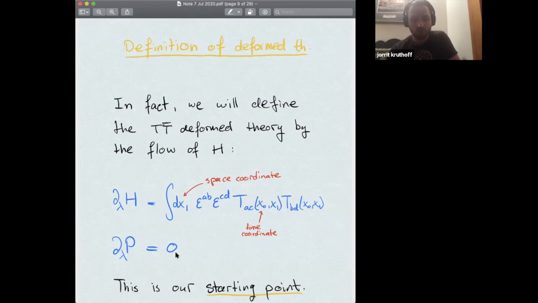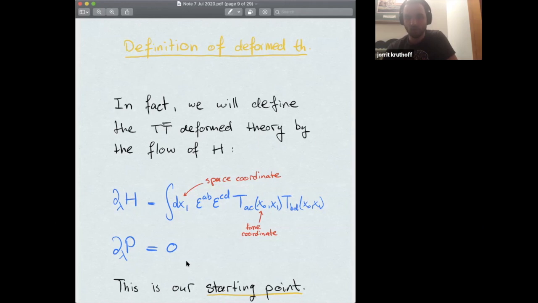Maybe one thing that I forgot to mention before is that you can show that the eigenvalues of the momentum operator are not affected by this TTbar deformation. It's only the Hamiltonian, or the charge associated to time translations, that is affected by this deformation. And this is all motivated by the form of the spectrum.